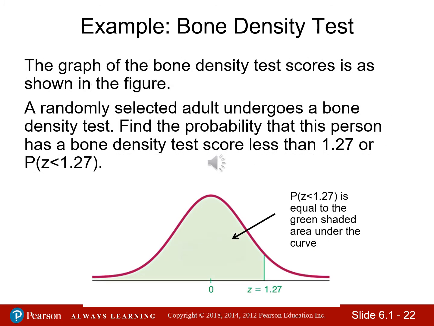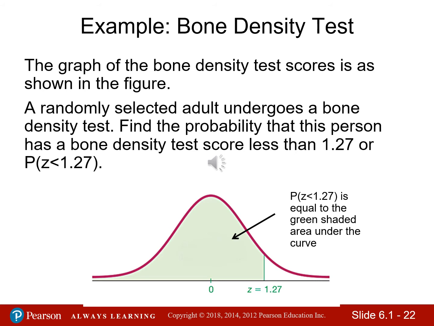Here we have the graph of the bone density test scores. Let's say a randomly selected adult undergoes a bone density test. Let's find the probability that this person has a bone density test result that is less than 1.27, or the probability that Z is less than 1.27.